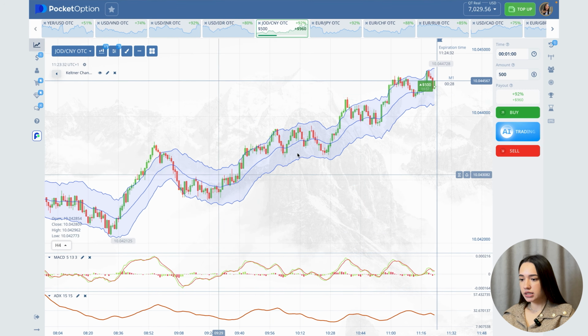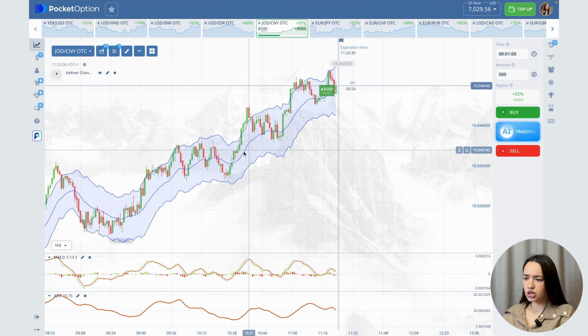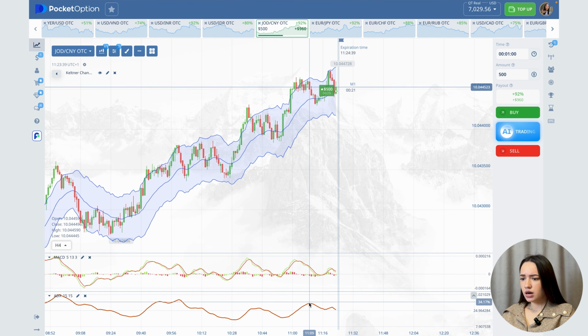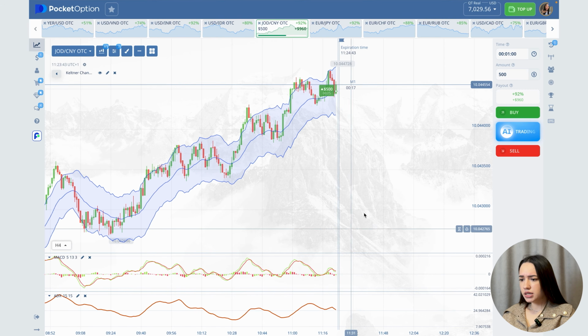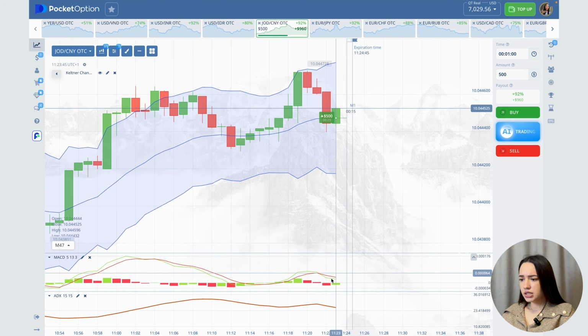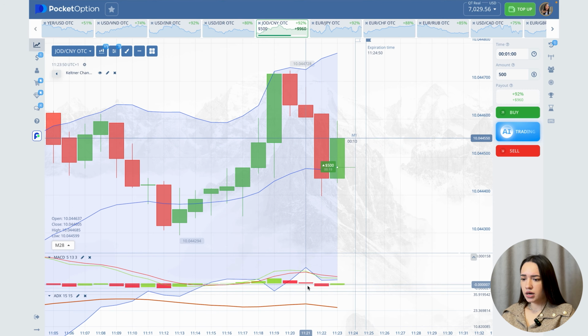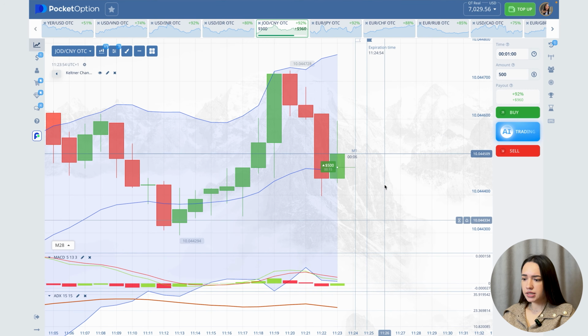And RDX is in the range of 26, 27 percent, showing no overextension. Looking at the MACD, it's very close to crossing the zero line upwards. So the potential is there.